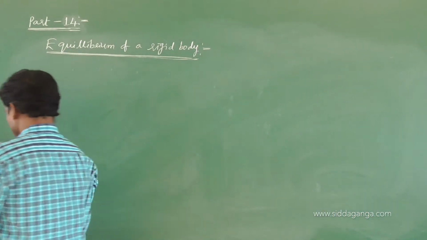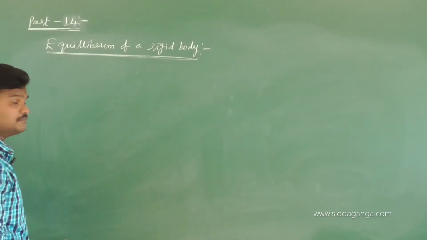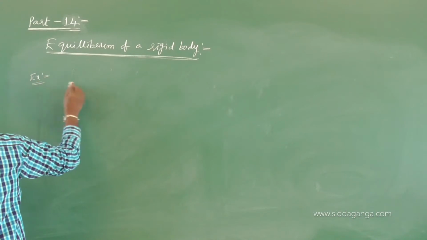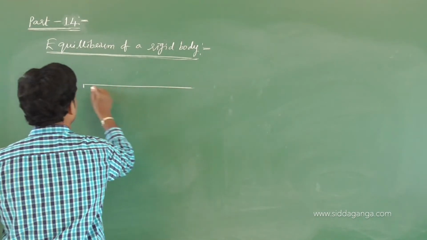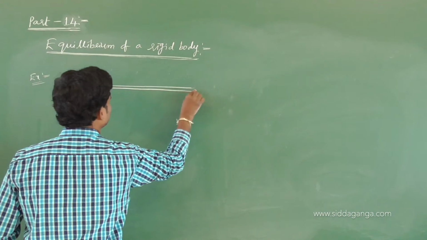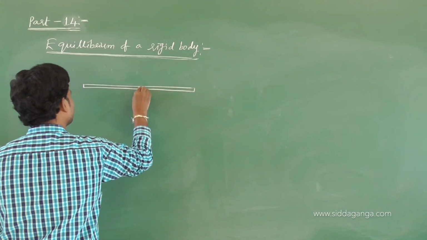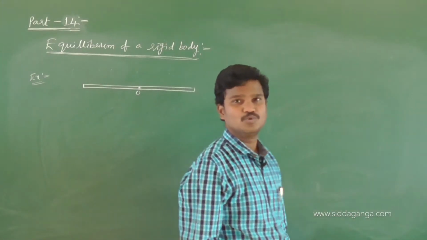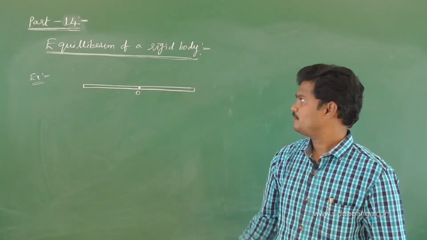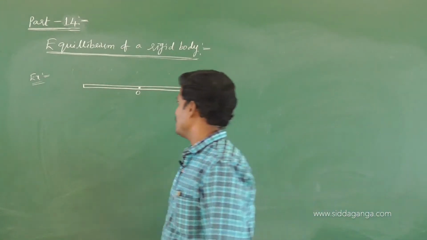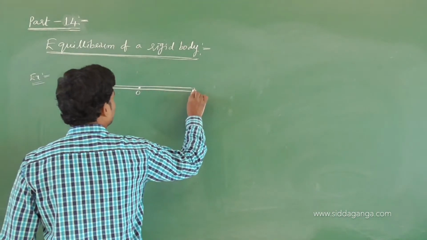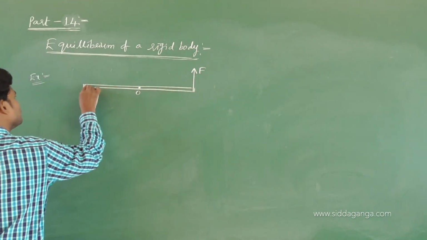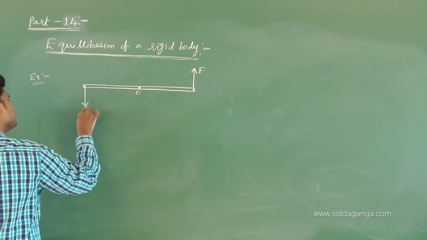Consider a rod. Just see one example here. This is a rod pivoted at center O, fixed at center O. The rod's length is L, pivoted at center O. And I am applying one force in this direction and one more force in this direction.